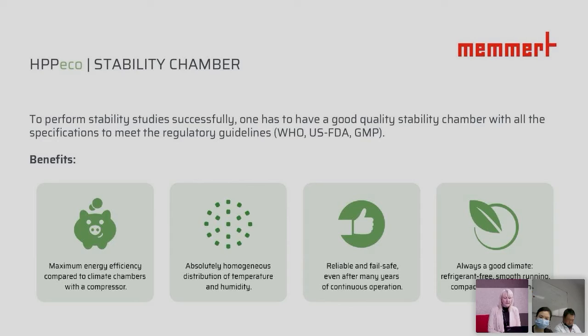So to perform stability study successfully, you have to have a good quality stability chamber meeting all the guidelines and rules. And our HPP Eco, which is from our latest development, was introduced this year in the market with an advanced Peltier technology, because Memmert is actually using Peltier technology already for a long period of time, for more than 20 years.